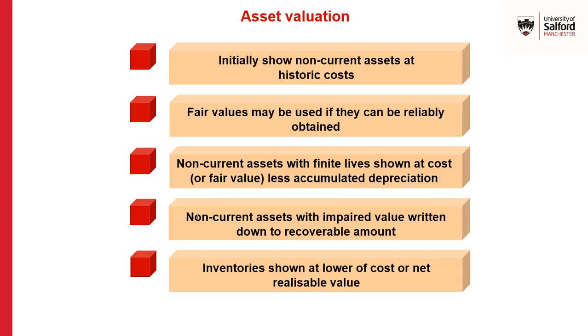You'd have to write off the other £2,500. Banks are particularly vulnerable to this kind of problem. Then inventory is shown at the lower of cost or net realizable value. So if your stock has lost value over time, then clearly you need to recognize that and write it off as a cost to the profit and loss account.